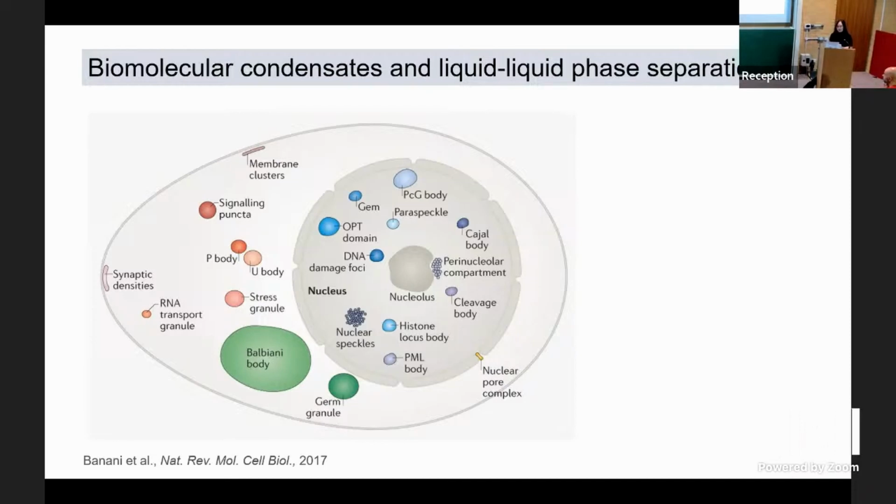They can form in the cytoplasm, in the nucleus, or underneath the membrane. They can respond to cell signaling, or carry out crucial functions like ribosomal assembly or metabolism. These biological functions are what get biologists excited, and for physicists, we are more excited because of the underlying principle, which is phase separation, really a physics tool.